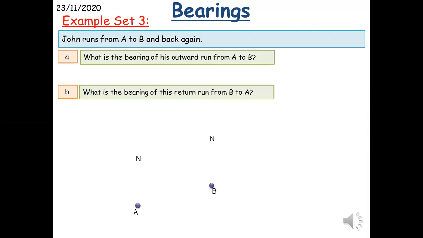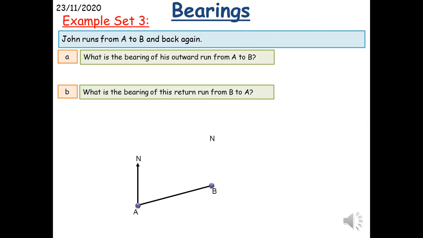Okay, now, sorry, John runs from A to B and back again. What is the bearing of his outward run from A? He said from A, it means I draw the line of north at A, then connect the two points.